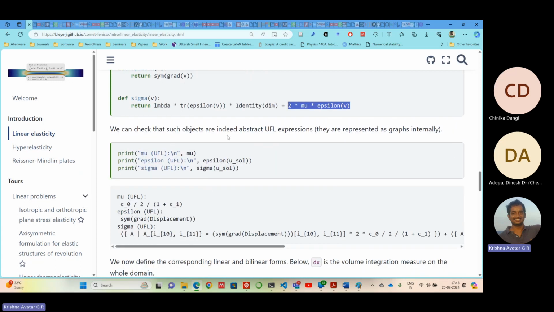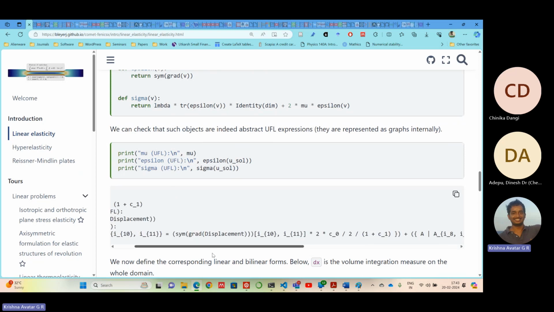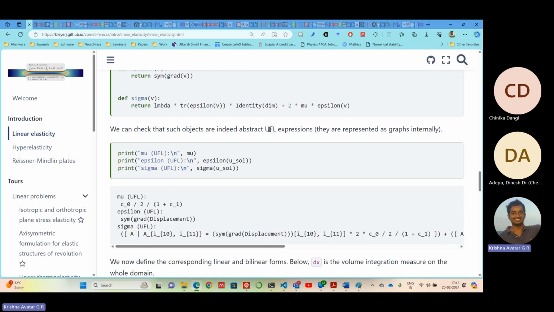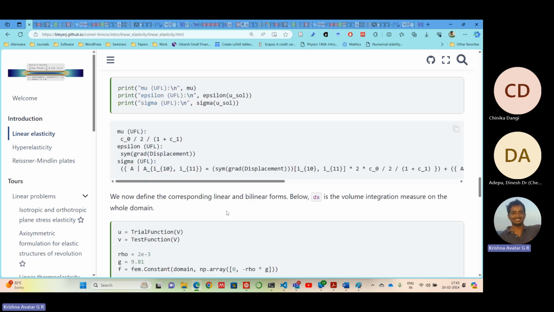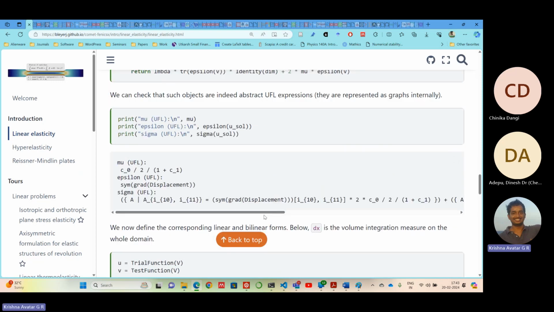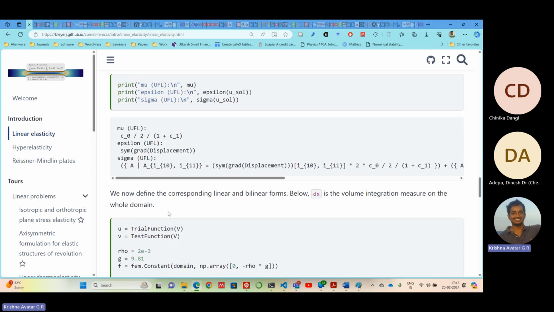And this we can just check whether they are really UFL expressions. So if we print it, we get all these symbols, which just says that yeah, we are using the UFL package to get all these expressions for all these operations.